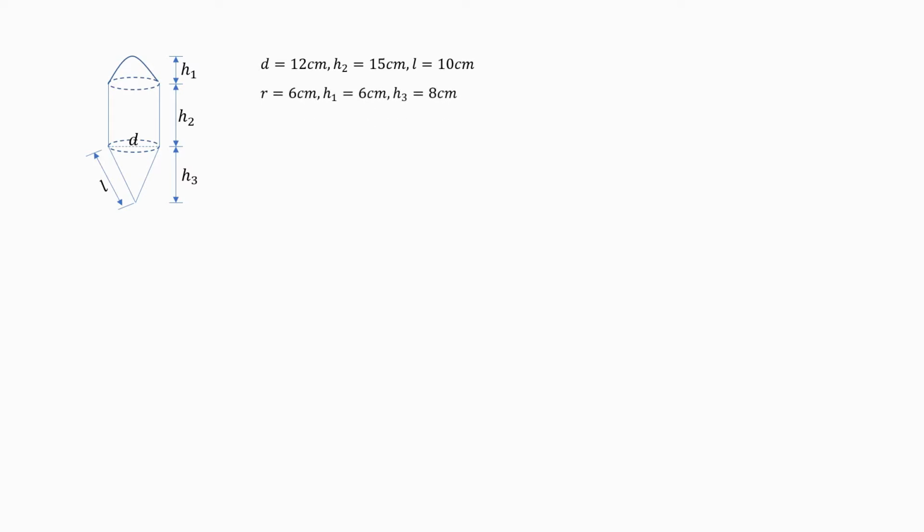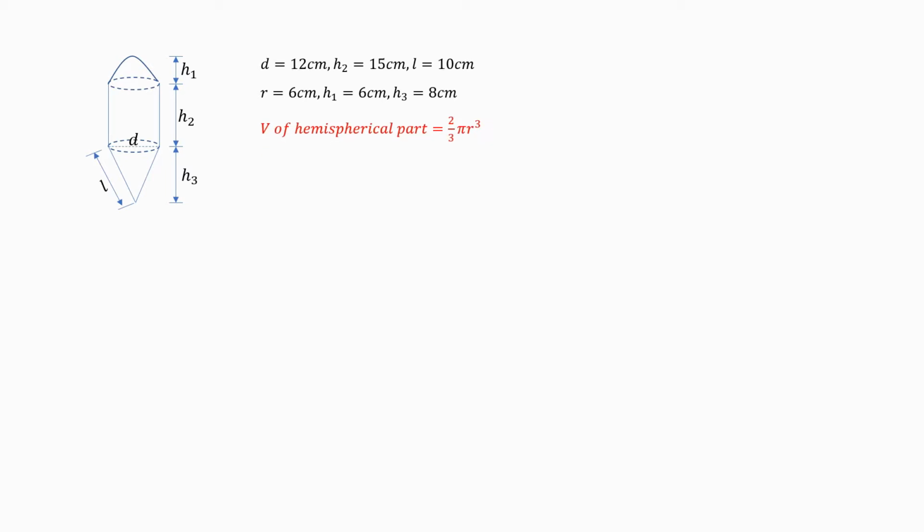In part A, we computed and obtained the common radius is 6 centimeters, the height of the hemispherical part is 6 centimeters, and the height of the conical part is 8 centimeters. So to compute the volume of the solid, we need to compute the respective volumes of the different parts, and then we sum them up.